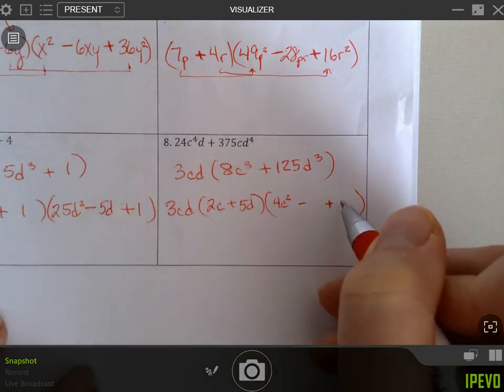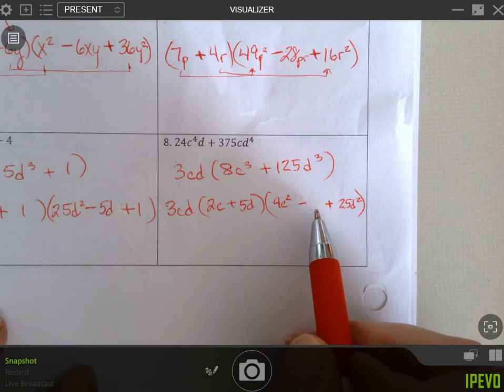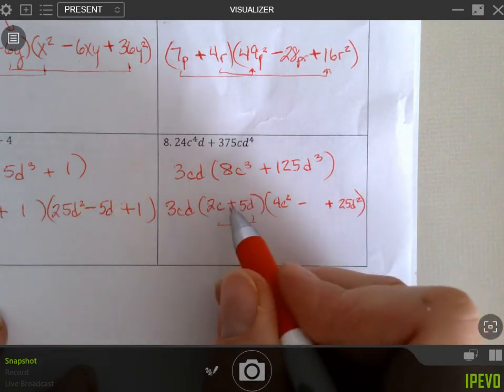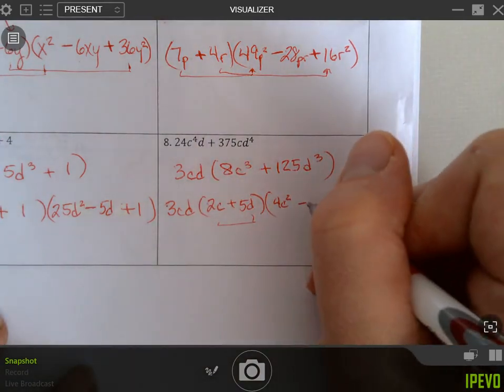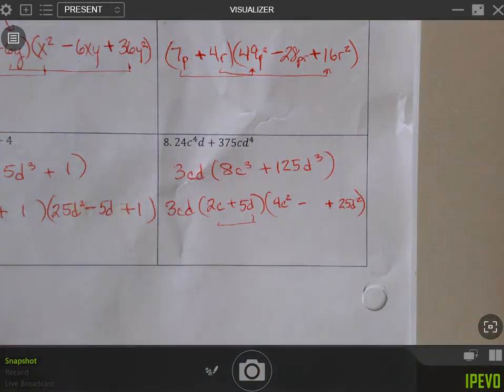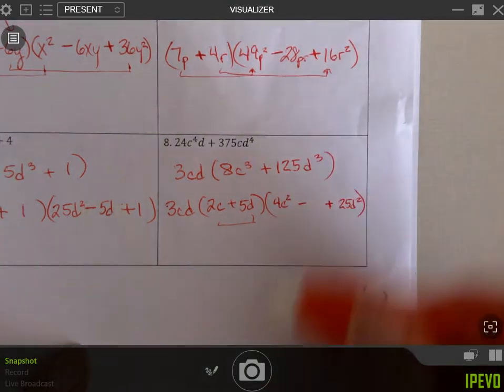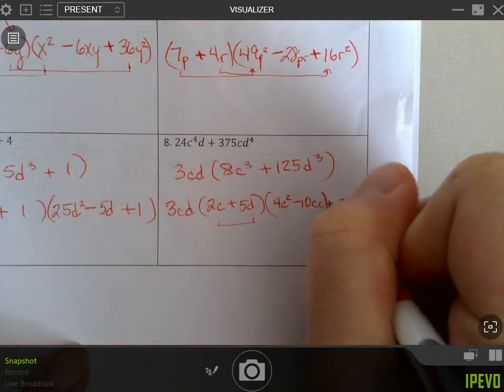Bring the last term back by squaring it, 25D squared. What's the middle? Remember, the middle is the product of the roots. So that's why I like to bring the roots down. Everything's based off of that. So you said 10 CD, which I don't have room for. So let me try this again. That was a struggle. Minus 10 CD.